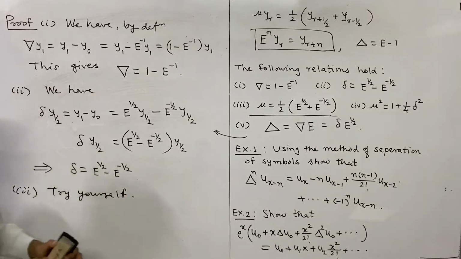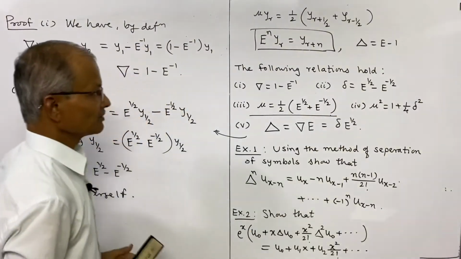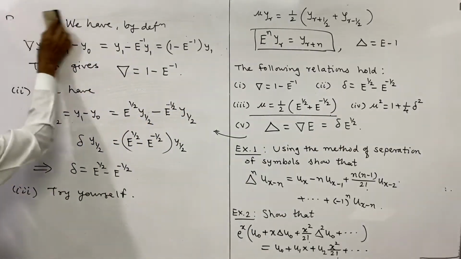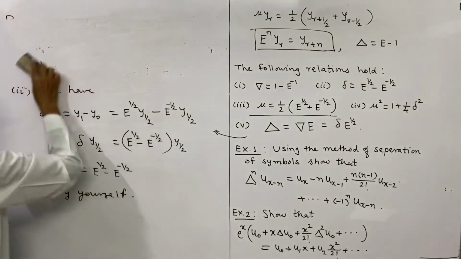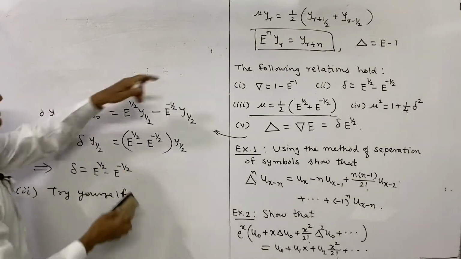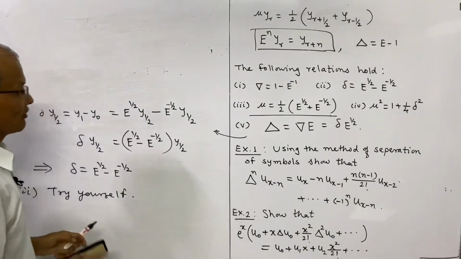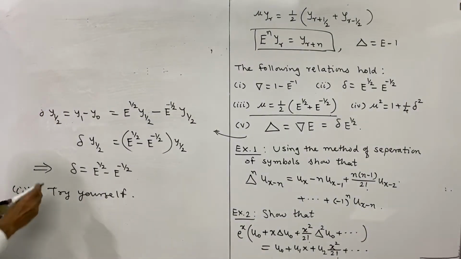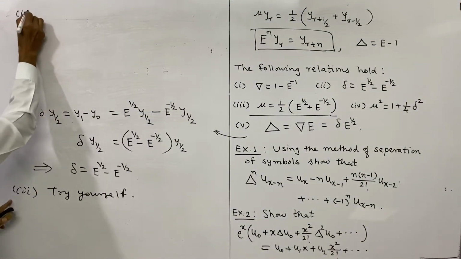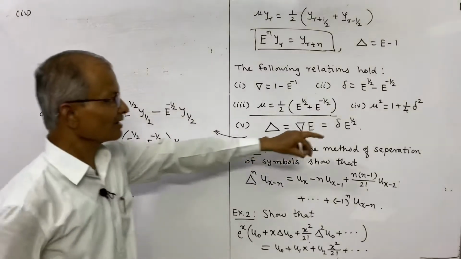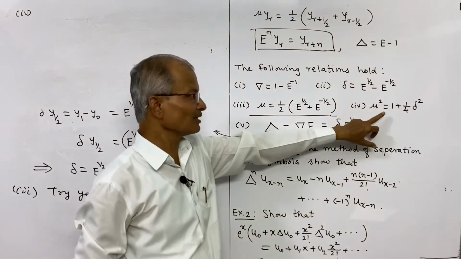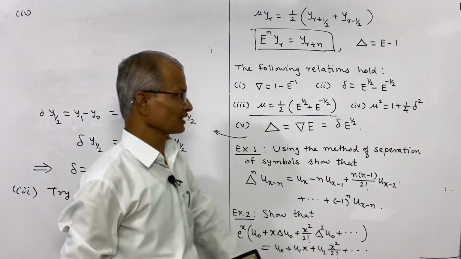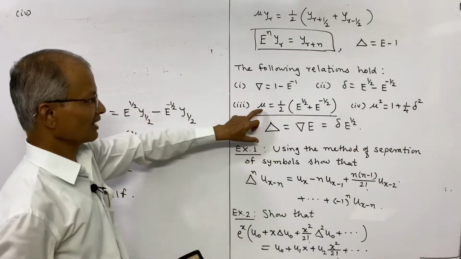Now we will consider the fourth one. Fourth result, that is mu squared is equal to 1 plus 1 by 4 delta squared, and we have to use this relation.